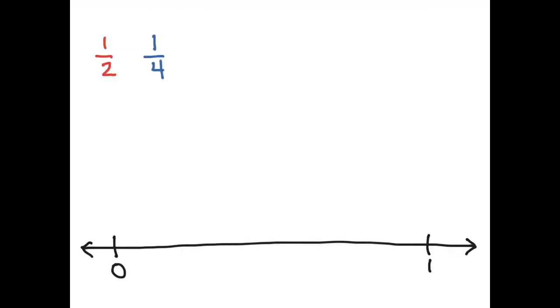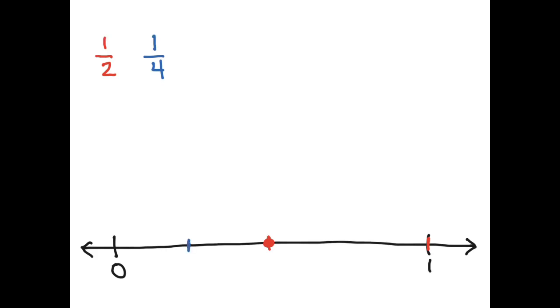So now we're going to show this on a number line. We're going to use red to show 1/2 and blue to show the fraction 1/4. So for 1/2, it takes 2 parts to equal 1 whole. So we're going to draw 1 mark here, 1 mark here. And since we're labeling the fraction 1/2, we're only going to go to the half mark. Now for 1/4, here it shows that it takes 4 parts to equal 1 whole.